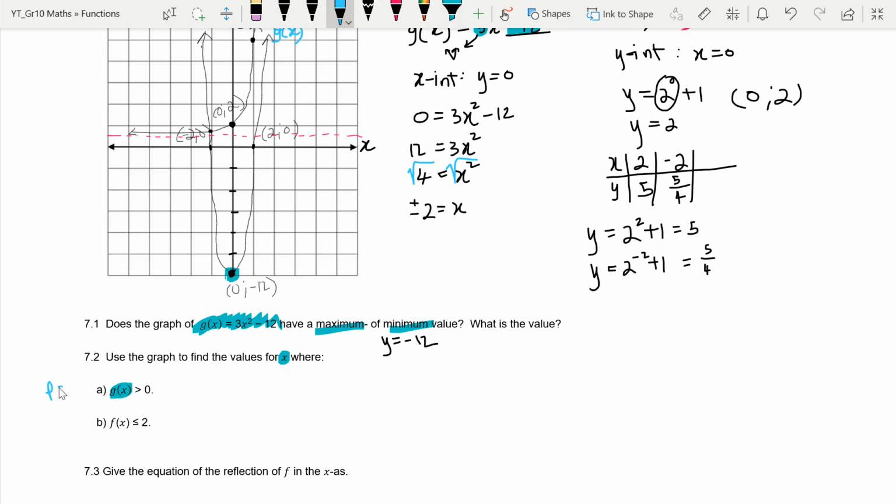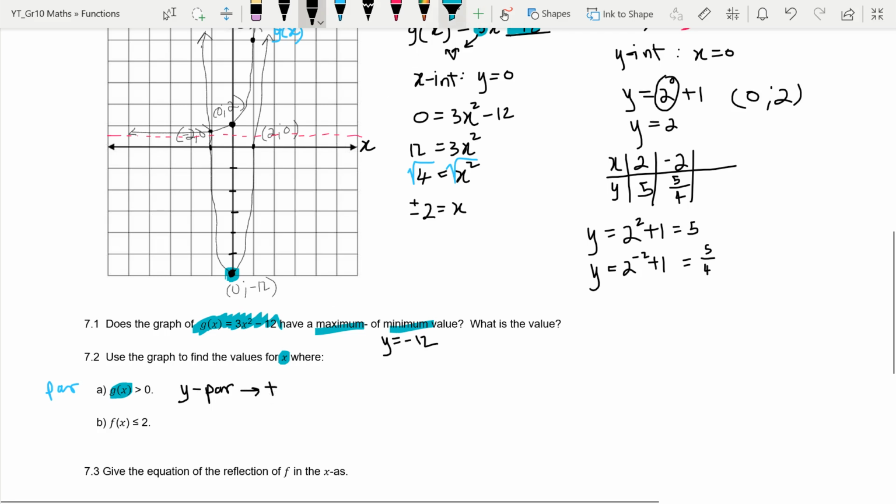So for the first one, we're going to look at the parabola, and let's just put that into words. They are asking, where are the y values of the parabola bigger than 0? Because g of x is just notation for y, right? And bigger than 0 means positive. So where are the y values of the parabola positive?